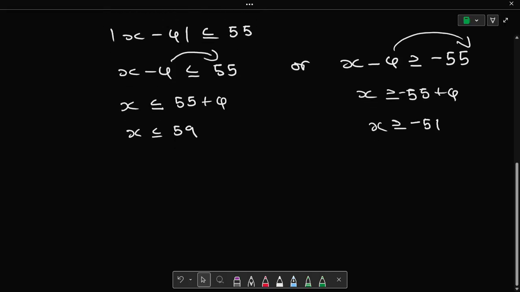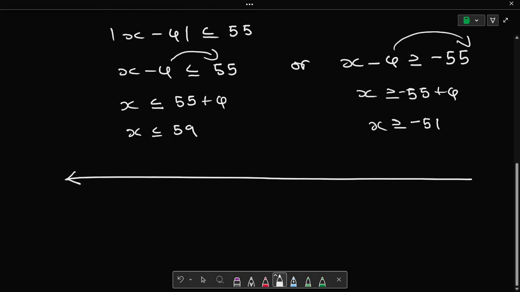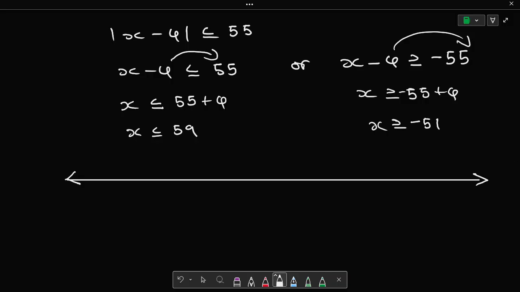Okay, in interval notation, we're going to draw up our number line. So we have 59 somewhere here, and we have negative 51 somewhere here. The type of circles that we are going to have will be closed circles.